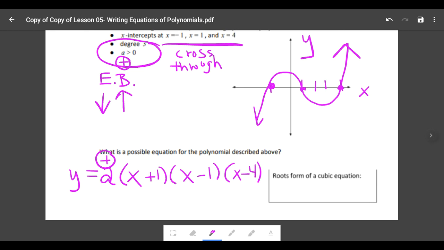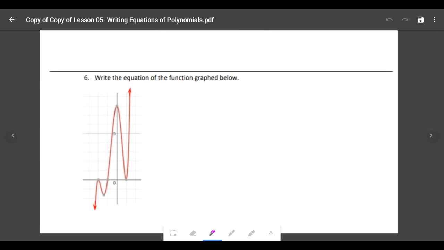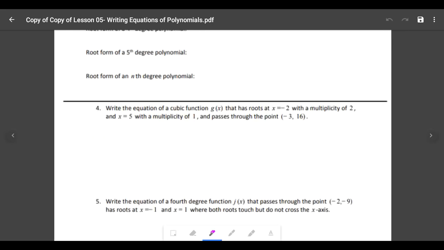When we talk about the roots form of a cubic equation, the general form is y equals a times x minus the first root times x minus the second root times x minus the third root. And then, of course, we need to talk about higher degrees. On the next page, we have a little summary up here.